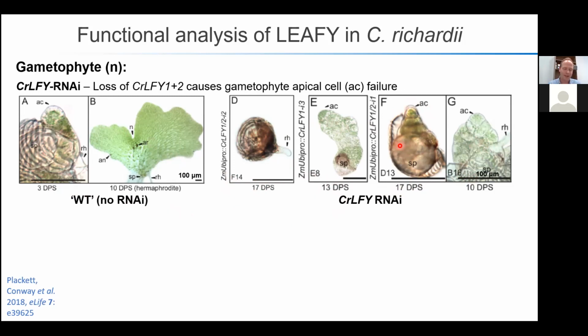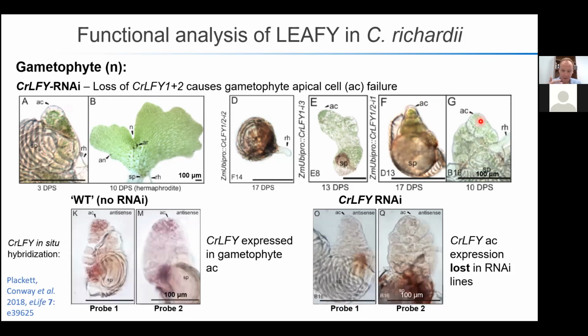Now, we did not see any GUS expression in our reporter line for this stage, but we would essentially be looking for expression in a single cell because these develop from a single apical cell. So what my colleague Steph very bravely did is she turned to this technique called in situ hybridization. So looking for RNA expression directly in the tissues. And so she used two different probes to look for LEAFY expression.